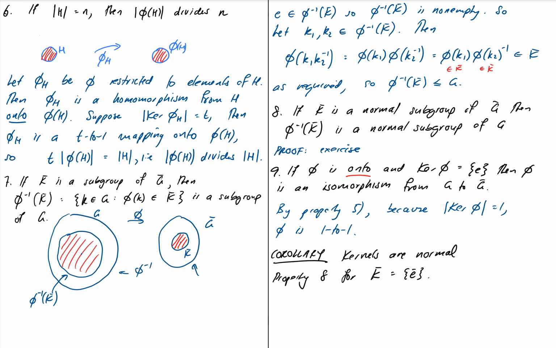We know that the pre-image of the identity is the kernel, and E bar is normal, hence the kernel of phi is normal in G. Alright, so whenever we have a kernel of a homomorphism, it's automatically a normal subgroup, which is a nice property, no matter what.